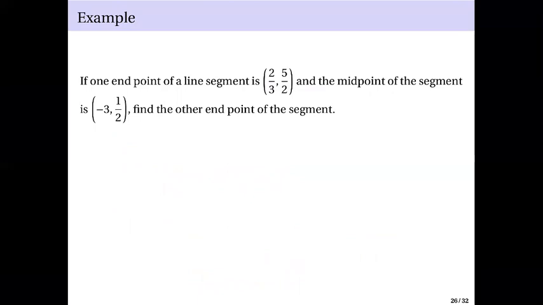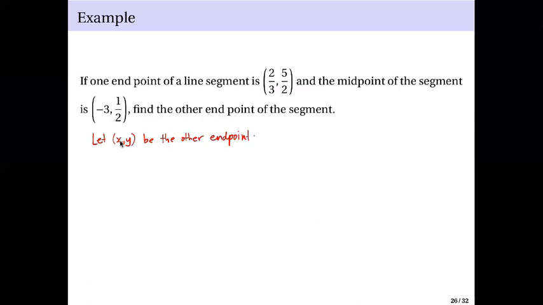So similar question as before. You start with naming the other endpoint. So let (x, y) be the other endpoint. Then you have the midpoint, which is this.